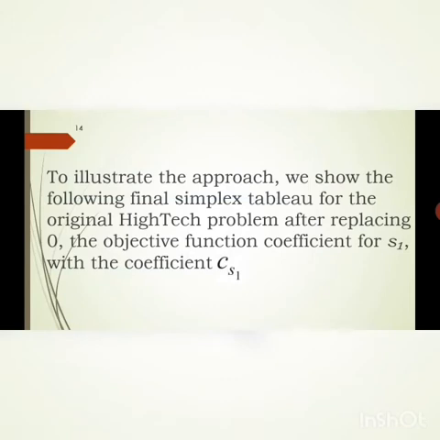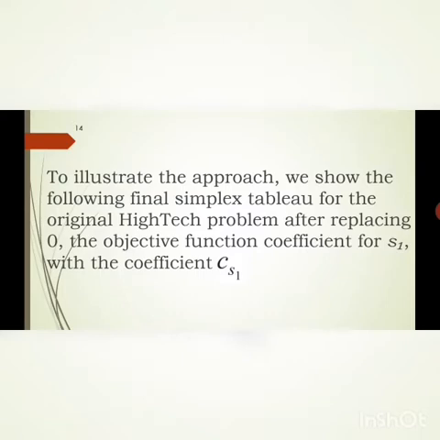To illustrate the approach, we show the following final simplex tableau for the original High-Tech problem after replacing 0, the objective function coefficient for s sub 1, with the coefficient c sub s sub 1.